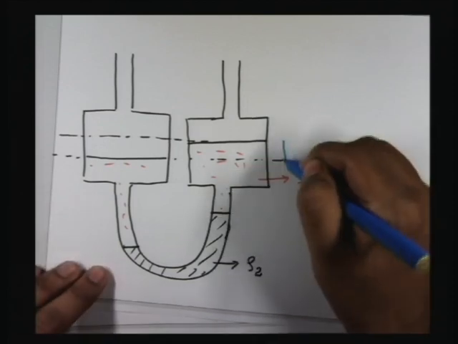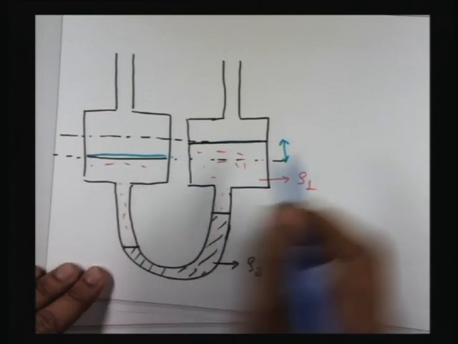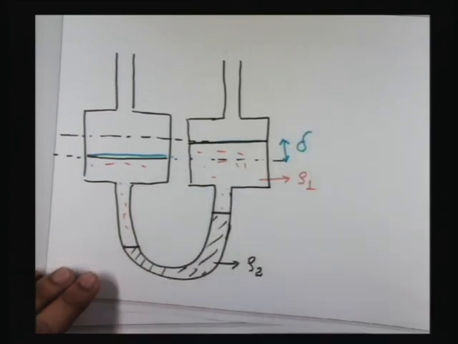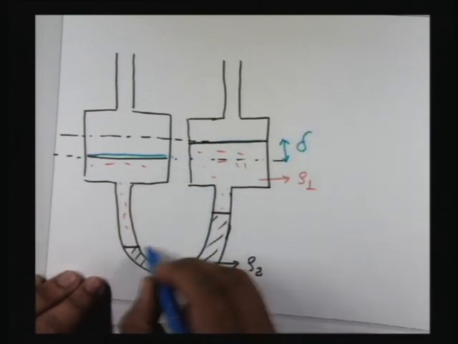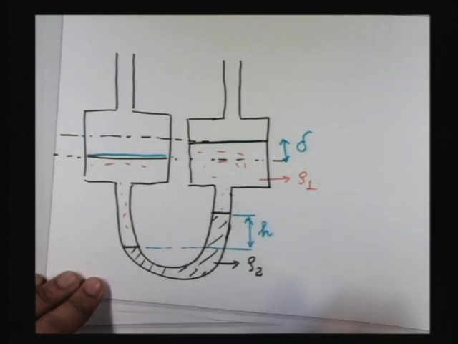So this difference in heights between this level and this level is delta, and this difference in the level is h.